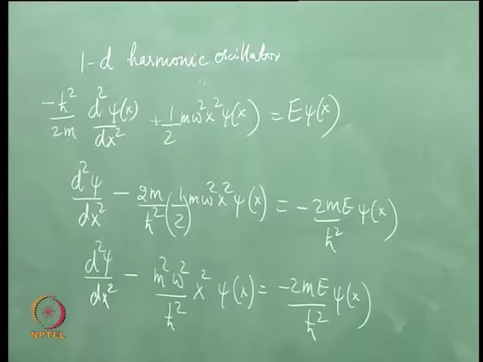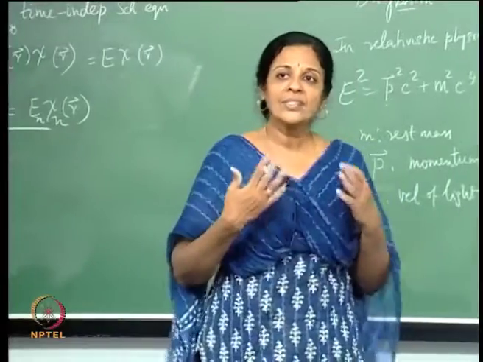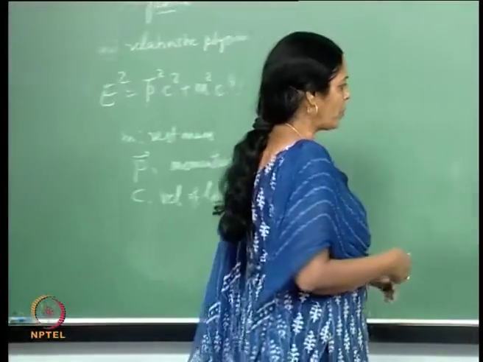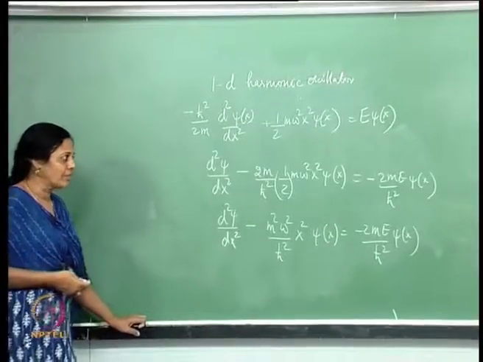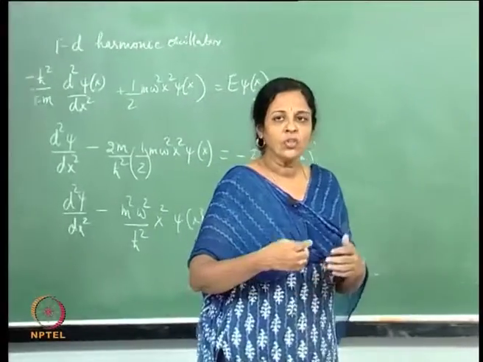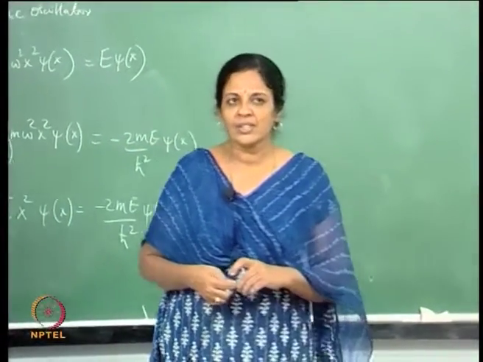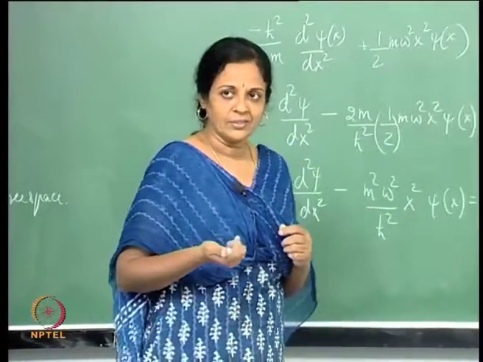When you solve these equations, it is always good to find out the natural length scale in the problem. You will recall that when I did this using the abstract operator method, I defined A and A dagger, the raising and lowering operators for the harmonic oscillator, and then we had X and P in terms of A and A dagger.